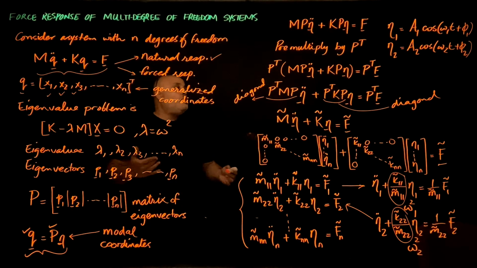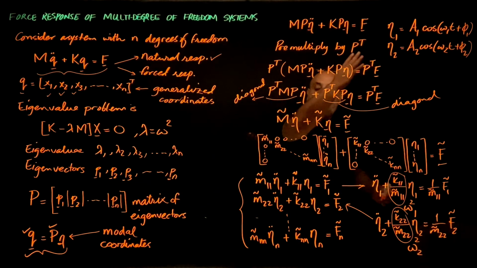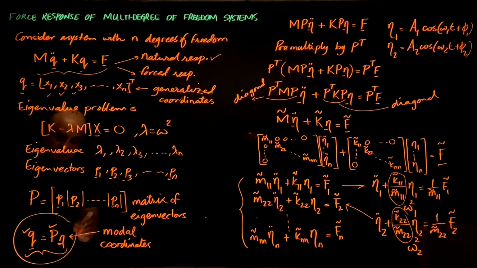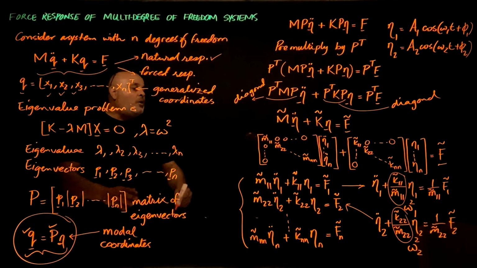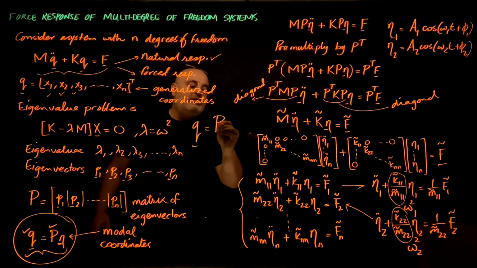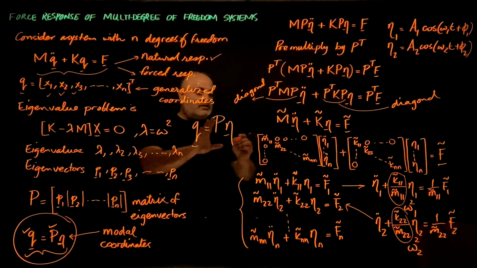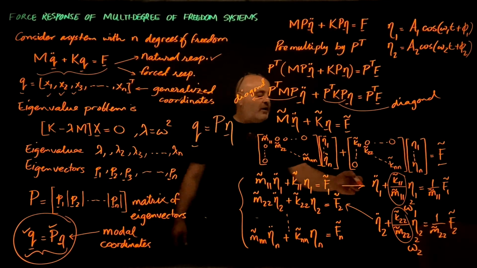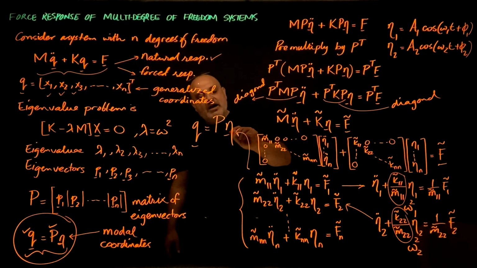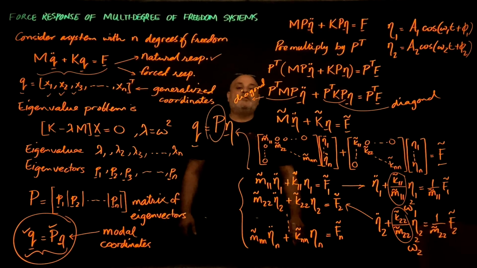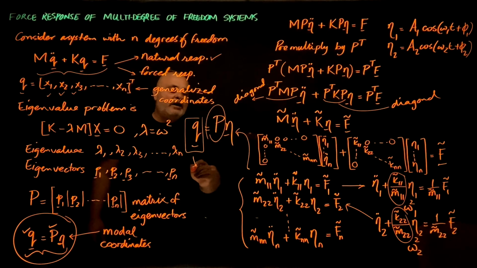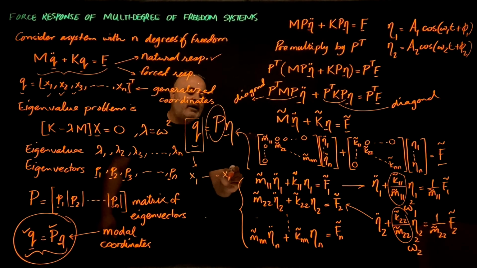So how can I go back from eta to x? Simply use this transformation. I know that Q is P times eta. Once I solve for etas using these single degree of freedom systems, I will plug my solution here, multiply it by the matrix of eigenvectors, and that will give me the response x1, x2, all the way to xn.